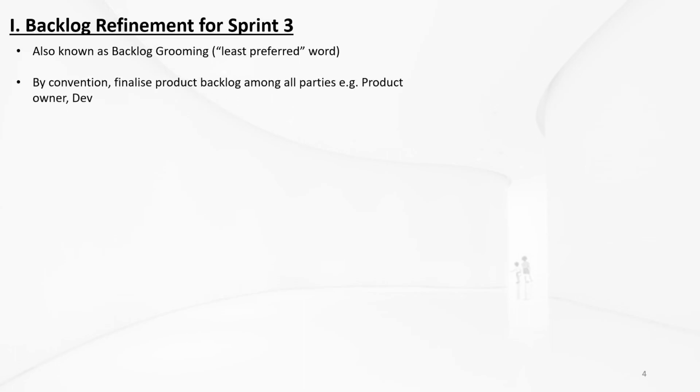By convention, the aim of the Backlog Refinement is to finalize details of the product backlog with all parties, such as the product owners and the developer team. You may be wondering, what detail is there to finalize in the product backlog?